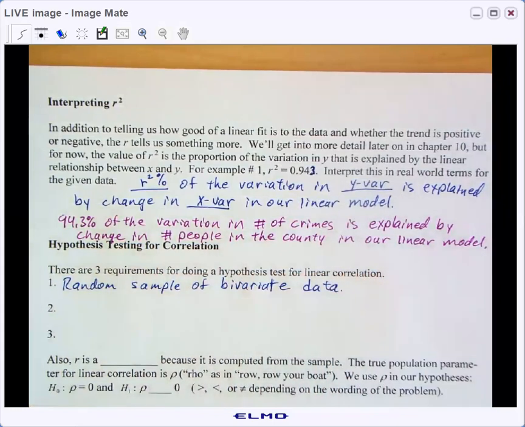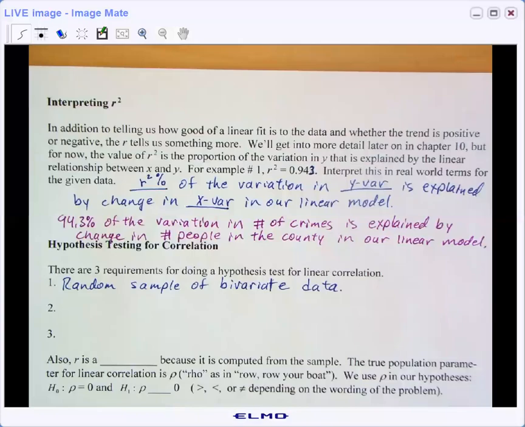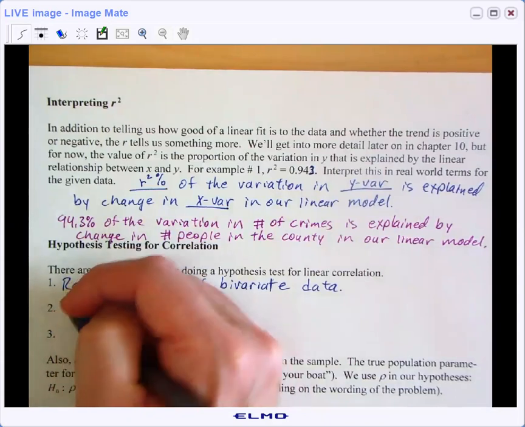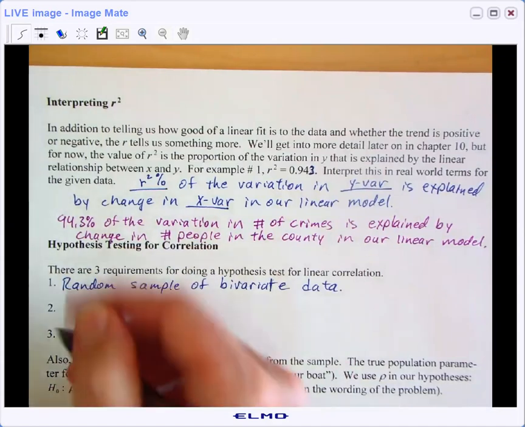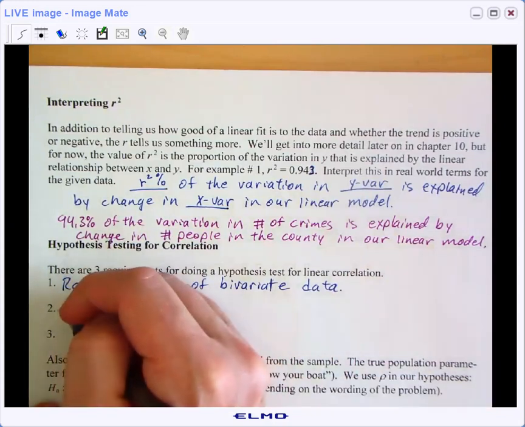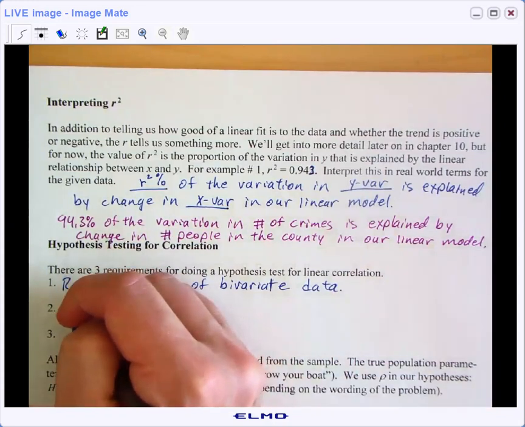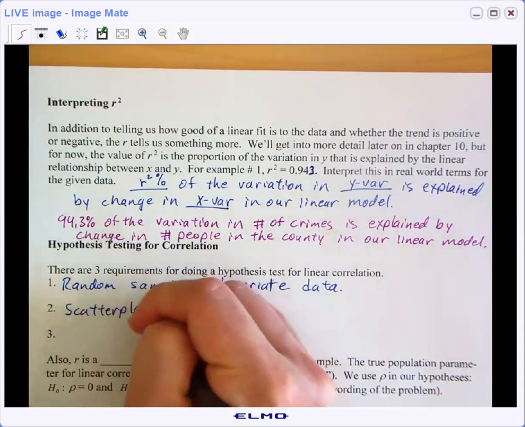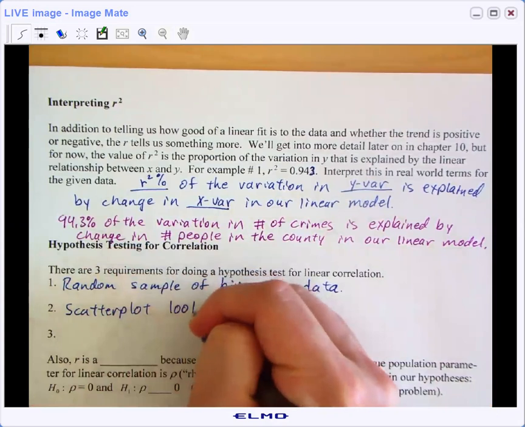The next thing is that, technically, what you have to do here is check that the X data is normally distributed for fixed values of Y and Y values are normally distributed for fixed values of X. But for an introductory statistics class, what we're going to do is check to see if the scatter plot looks something like a line.